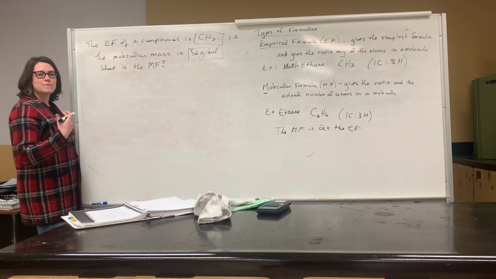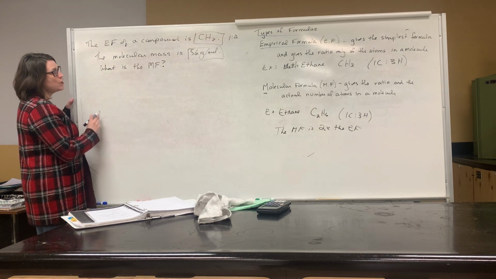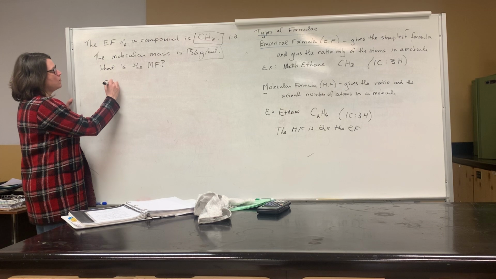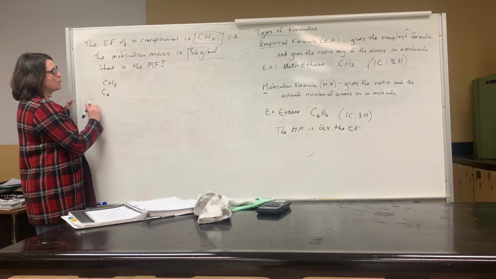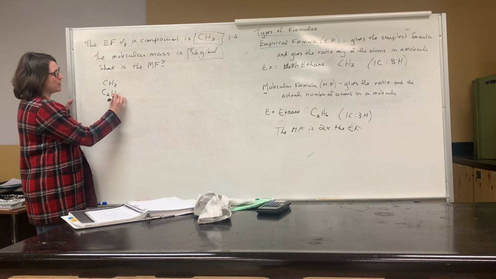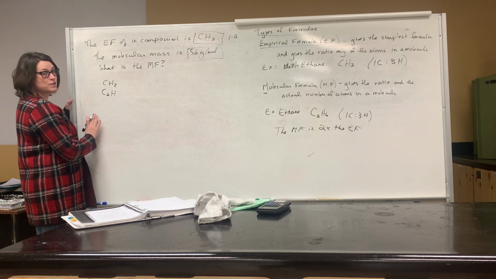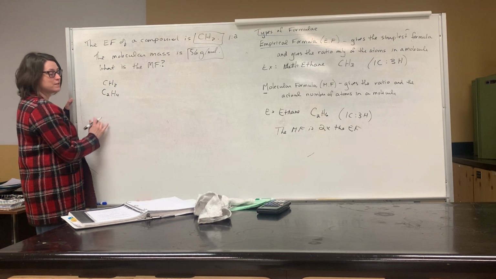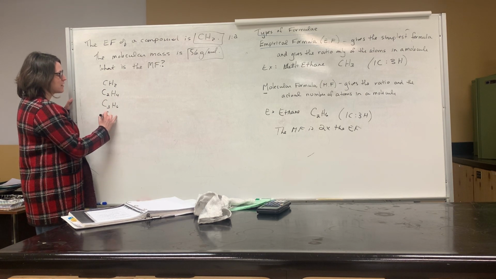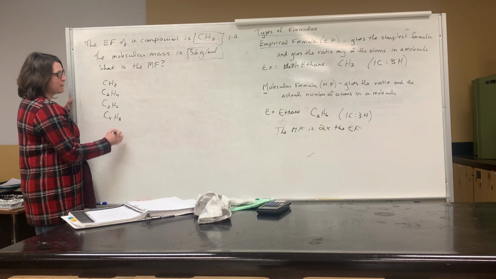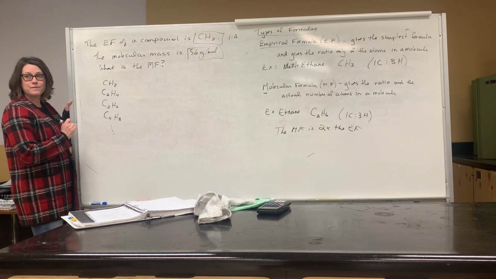Okay, so one way that people like to do it is by trial and error. You have the ratio, right? So you know that it's either going to be CH2. What if I have 2 carbons? How many hydrogens would I have? The ratio is 1 to 2, so this would mean you'd have 4 hydrogens. If you had C3, you'd have 6, C4, you'd have 8, and you'd keep going, right?